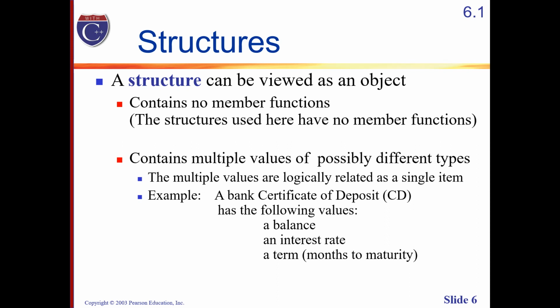Here's an example. Let's say we have a bank certificate of deposit, and it may contain the following values, or shall we say information. It can contain a balance, an interest rate, and a term. It's just like taking a look at an object, for example, a student record.